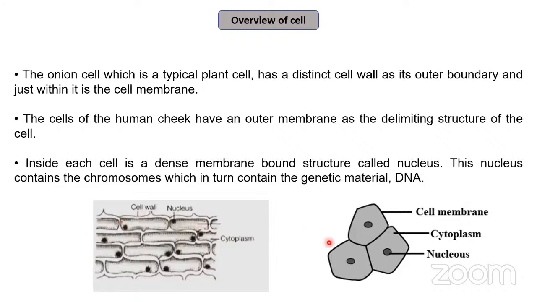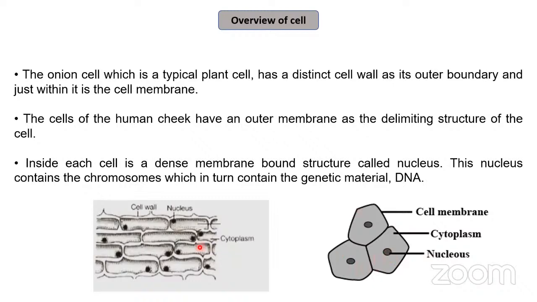While in the case of human cells, since they are animal cells, we just have an outer membrane as the delimiting structure of the cell. There is no cell wall present. Inside each cell, be it a plant cell or an animal cell, there is a dense membrane-bound structure called the nucleus.